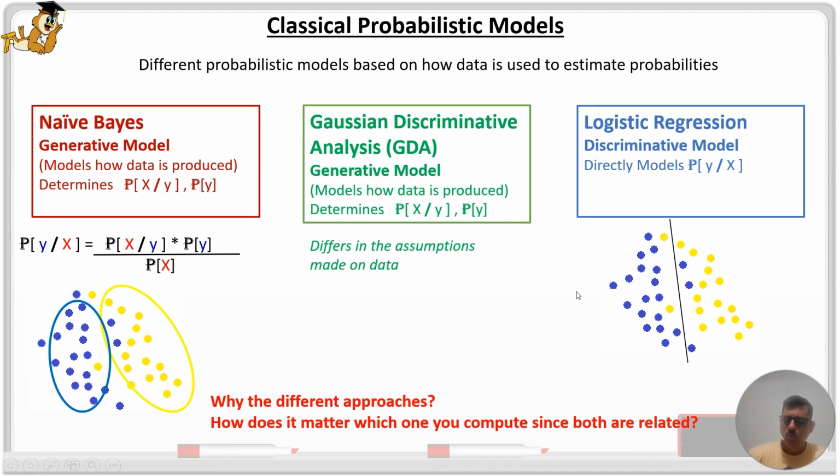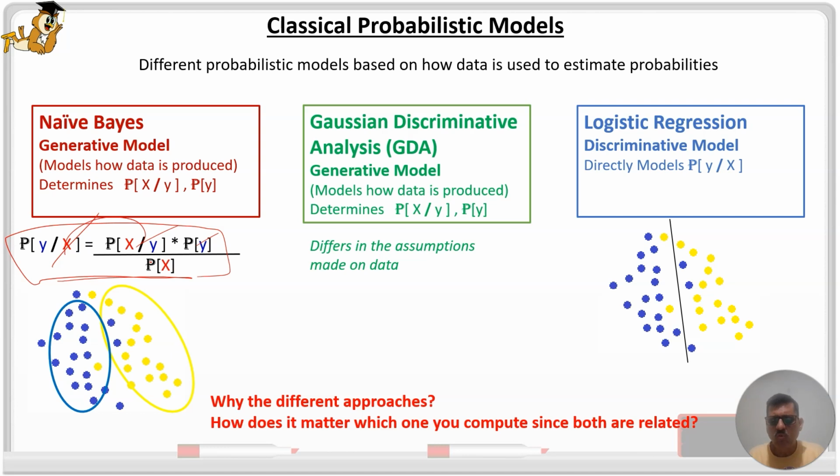Now, when you look at these three things and when you look at the Bayes theorem, the question that perhaps still continues to trouble you is, why are there these different approaches? And if there is the Bayes theorem anyway, if all of these are related with this equation right here, why does it matter which one you compute? I mean, you could begin by just computing this instead of computing this and this first and then finding it out.